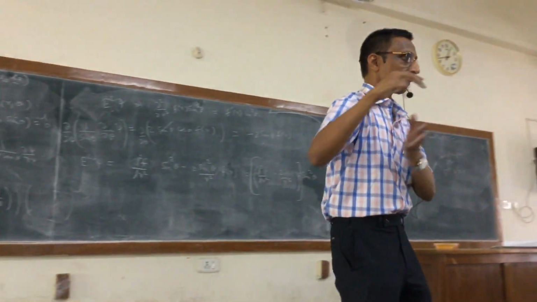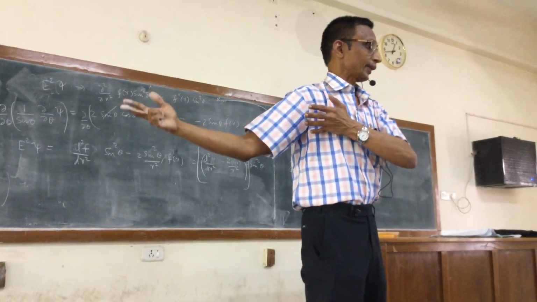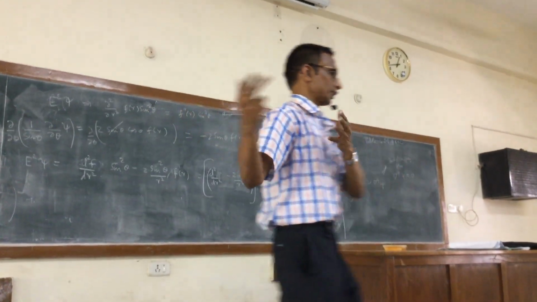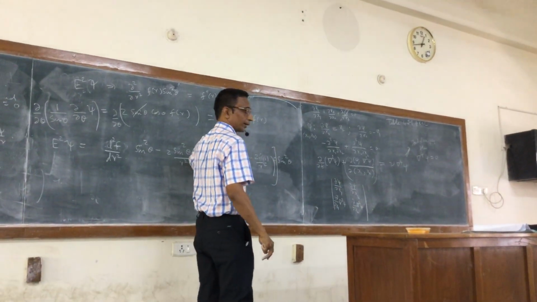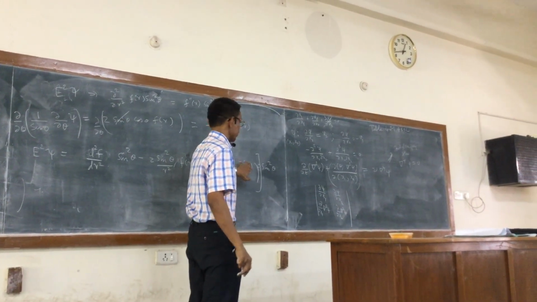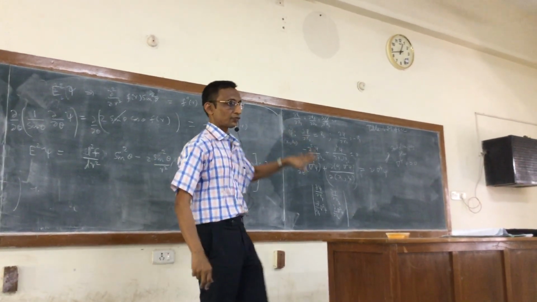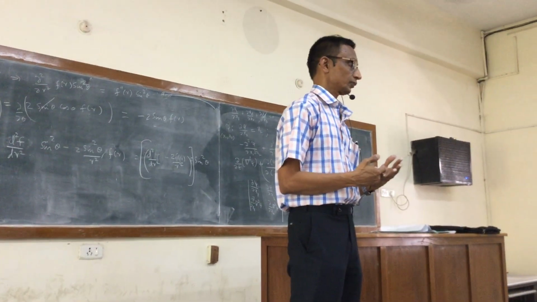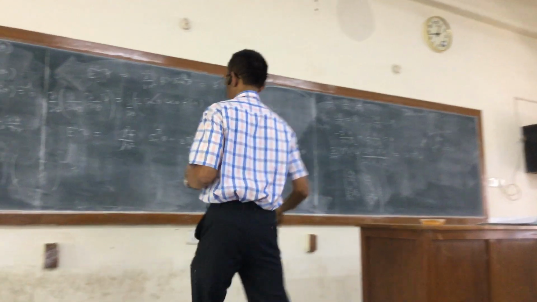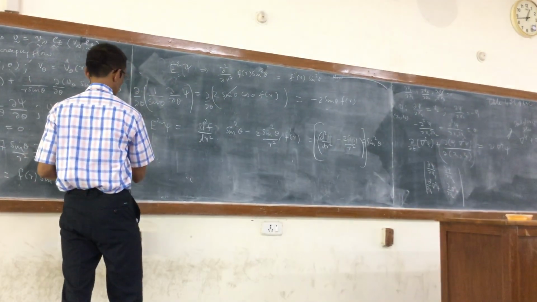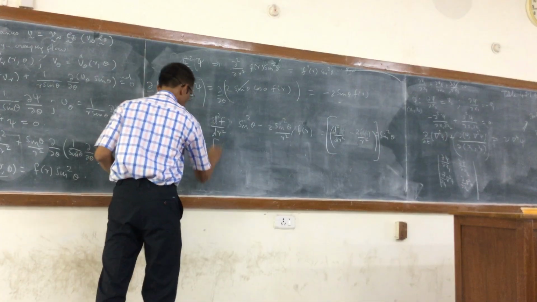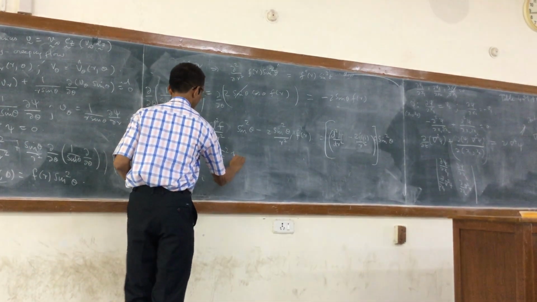So it is equal to another function of r times the same sine squared theta. Now what is that other function? That other function is obtained by taking d squared by dr squared minus 2 by r squared on that function. So E to the power 4 psi is nothing but E squared of E squared psi.